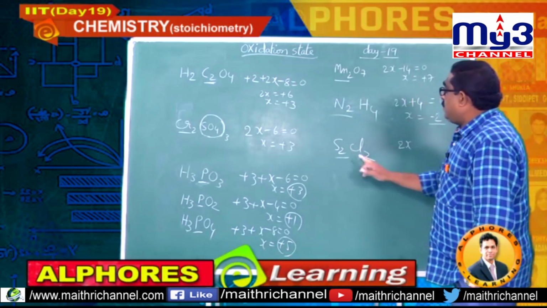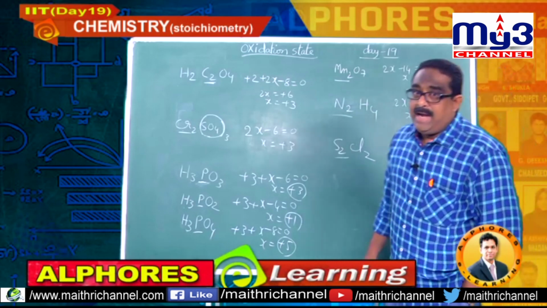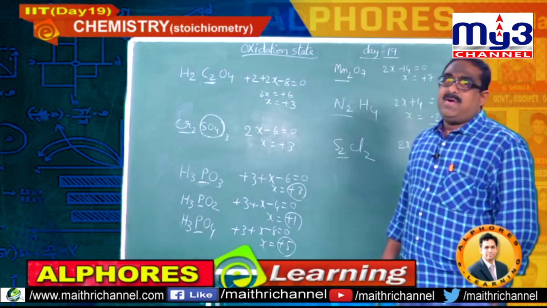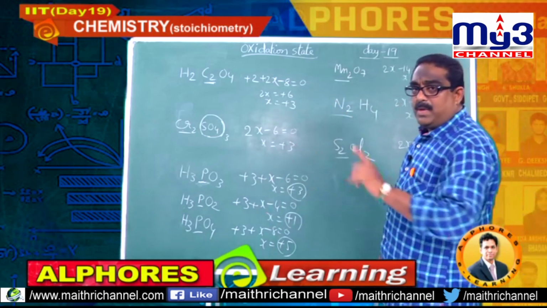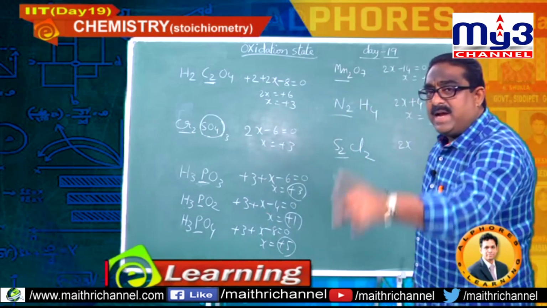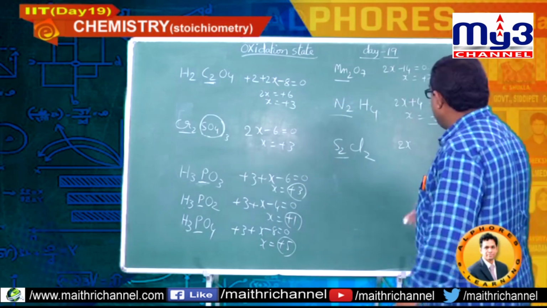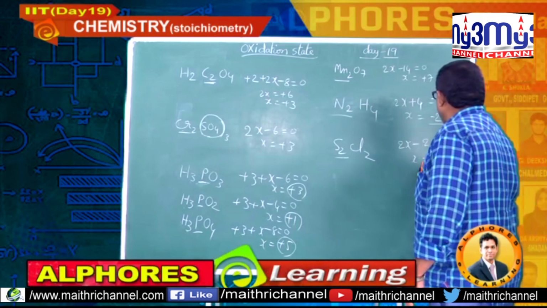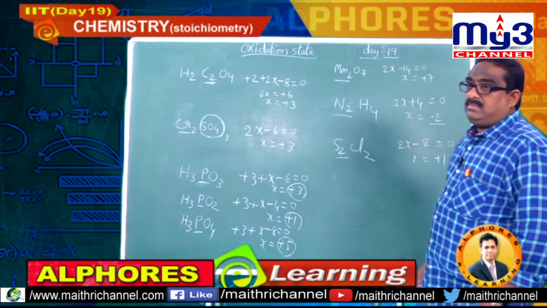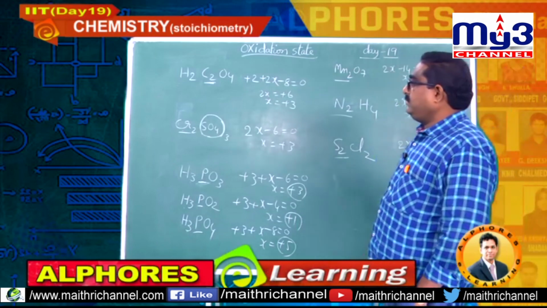Among sulfur and chlorine, chlorine is more electronegative, so it gets the negative oxidation state. Chlorine belongs to 7th A group elements, so the common negative oxidation state is -1. So for 2 -1s, -2 equals to 0, x equal to +1.